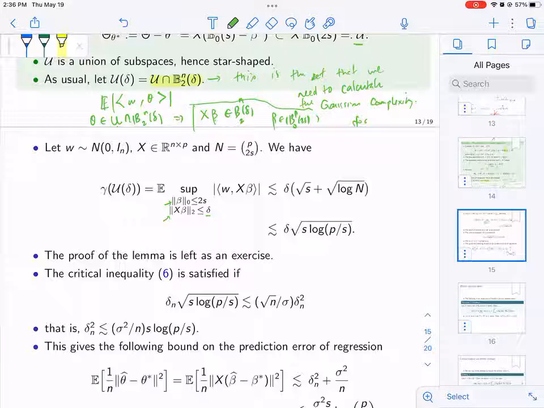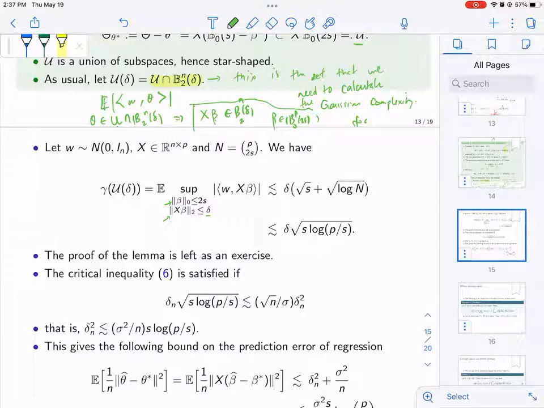Okay, because what you're basically going to do is that this is a union of this many subspaces. So you work with each one, and then you take a maximum over a bunch of things, which is like root log of this for sub-Gaussian. So it's a very good exercise for you.